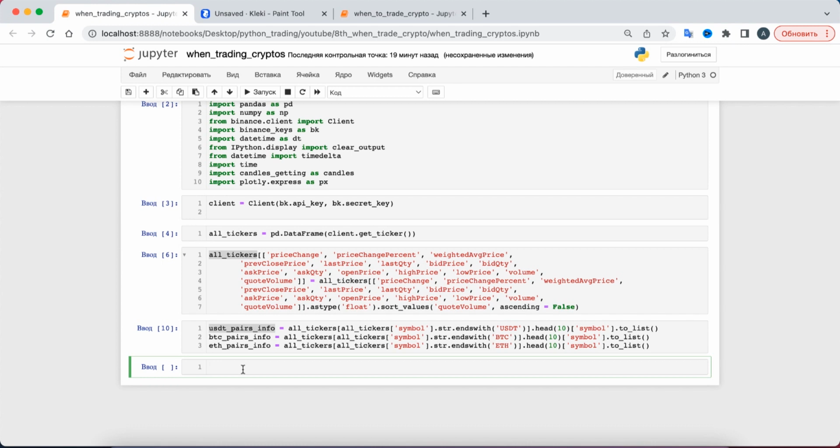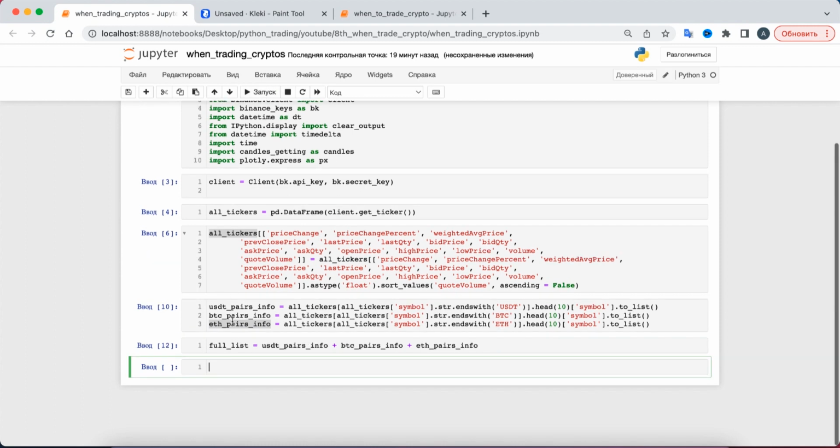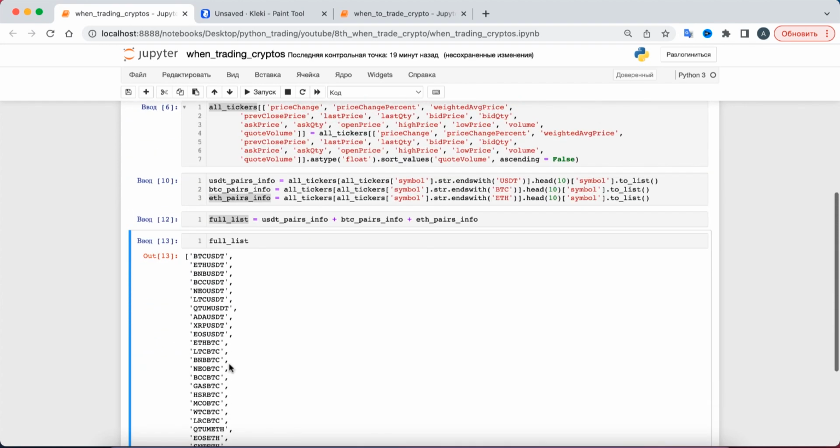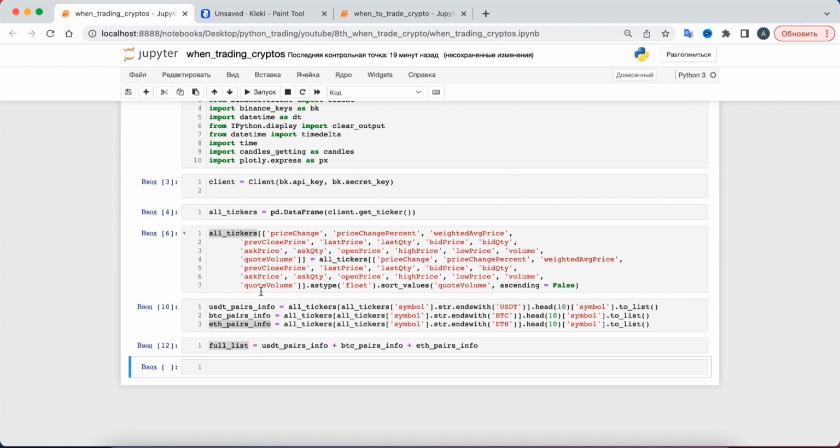For it, we create a new full list, and just with a plus sign we unite it. The full list looks something like this: 30 assets with the biggest volume in different quote assets.